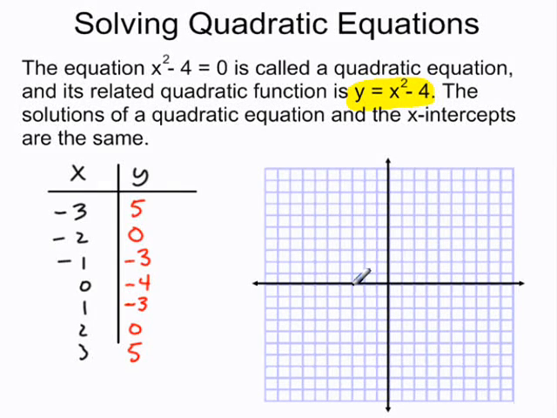We have -3, 5, -2, 0, -1, -3, 0, -4, and then our positive values are in the same place. And so this has created our parabola. If we connect these points, we'll see that we do have a U shape.